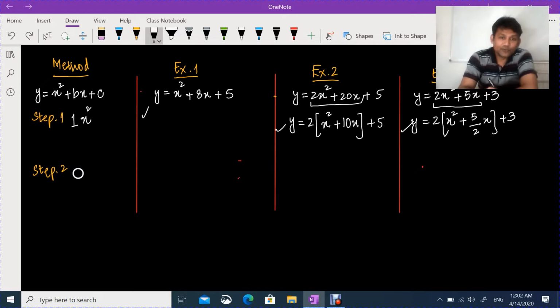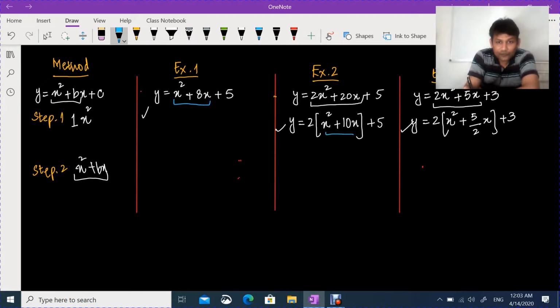Step number 2: I want to make x squared and bx, not c, a perfect square. Only the first two terms. What's the method to make a perfect square?